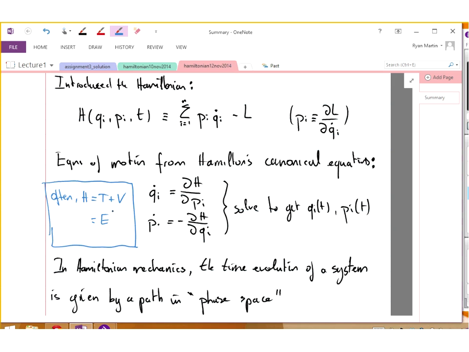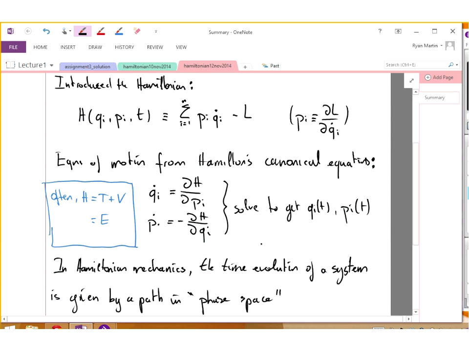And when the Hamiltonian, we also saw, doesn't depend explicitly on time, so dH by dt equals 0, then the Hamiltonian is a constant. So the total time derivative of the Hamiltonian is equal to the partial time derivative of the Hamiltonian. Maybe let's add that equation here.